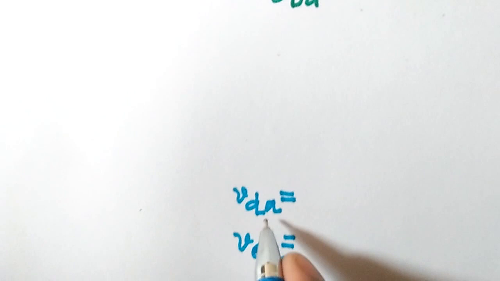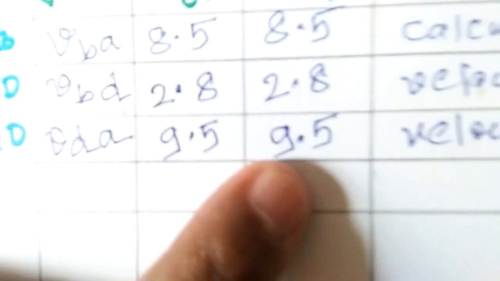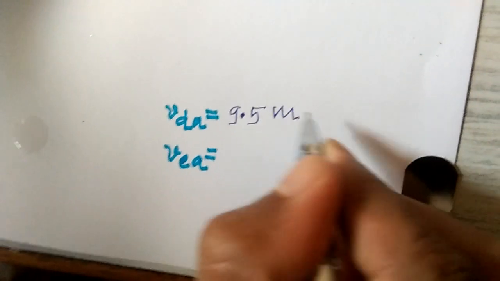Then you have to measure the velocity. Velocity of DA is approximately, you got it from the velocity diagram, 9.5 meters per second. What is the EA? Velocity of EA, you have to measure this also.